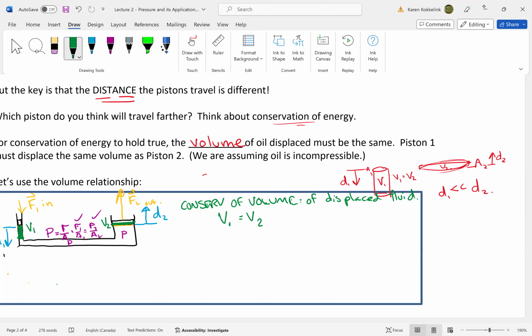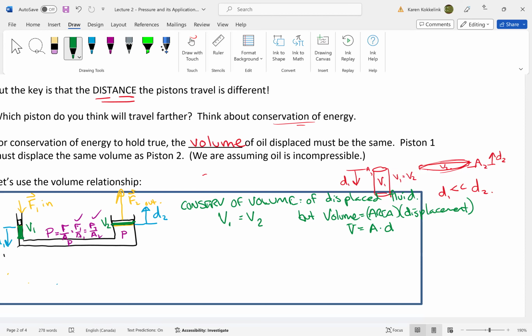So if V1 equals V2, but volume is area times distance, in this case displacement, volume is area times displacement.